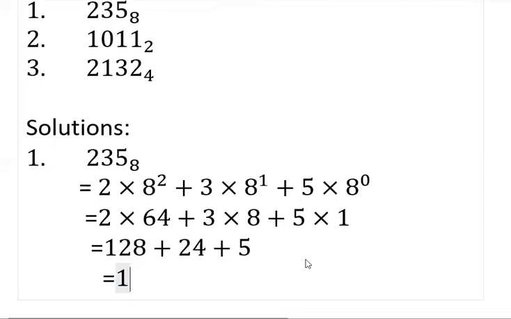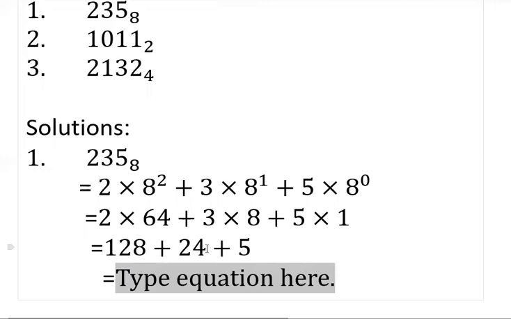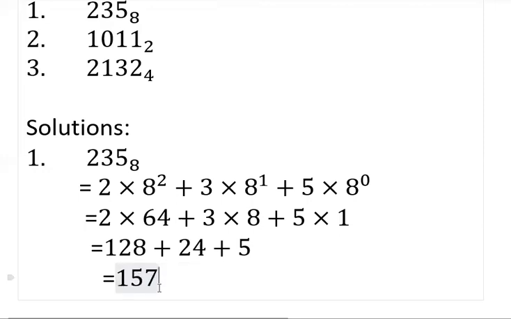So let's add up. 5 plus 24 give us what? 29. 29 plus 128 will give us what? 157. So this is already in base 10. But for us to put it straight, let's put our base 10 underneath.